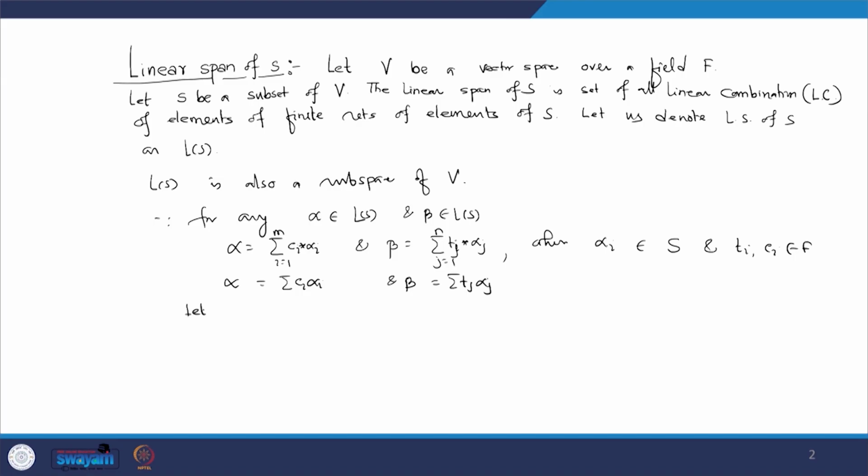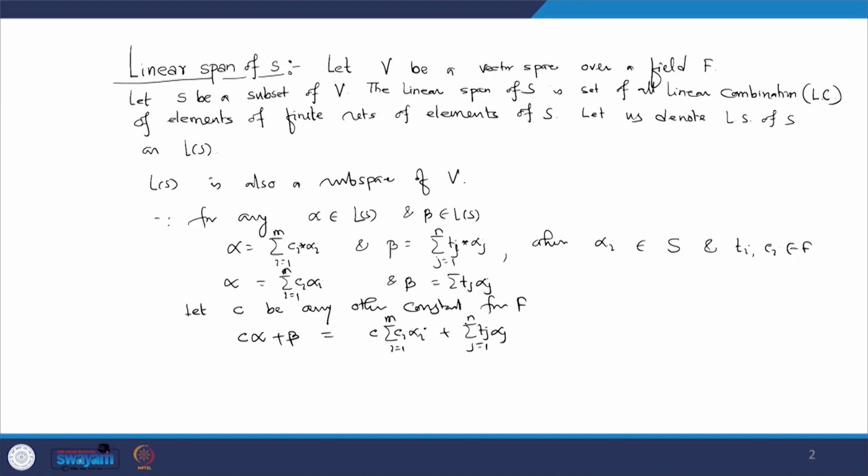Now, let C be any other constant from capital F. Then we have C times alpha plus beta, which is equal to C times sigma Ci alpha i, i equal to 1 to m, plus sigma Tj alpha j, j equal to 1 to n.